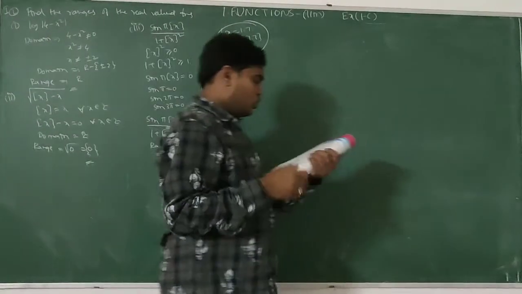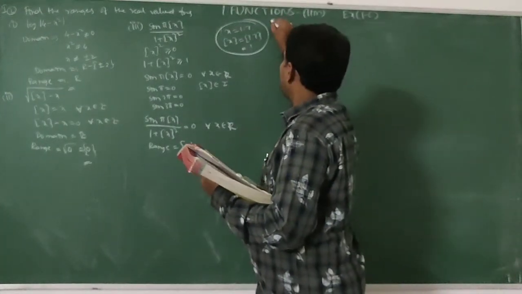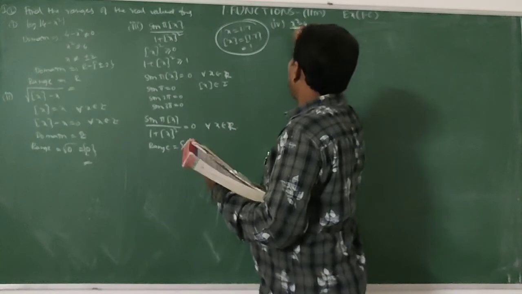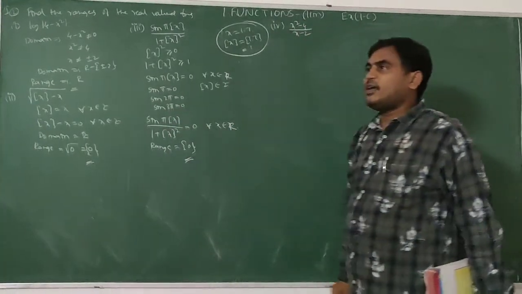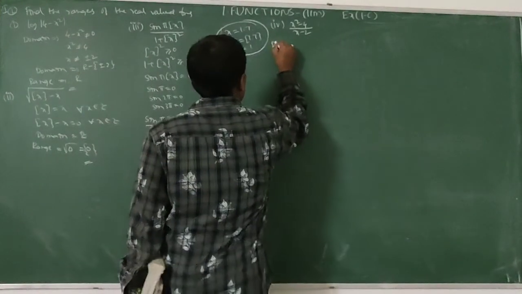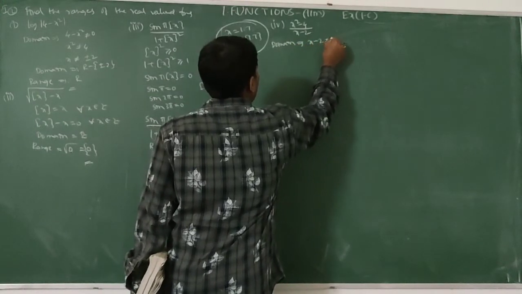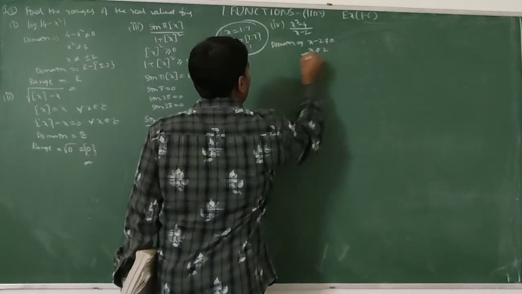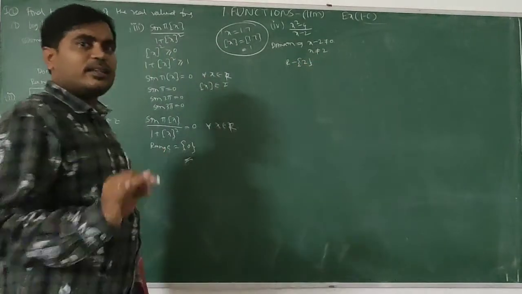Next, fourth one. X square minus 4 divided by x minus 2. So domain: x minus 2 not equal to 0, x not equal to 2, so R minus 2. So the image of 2 does not exist.